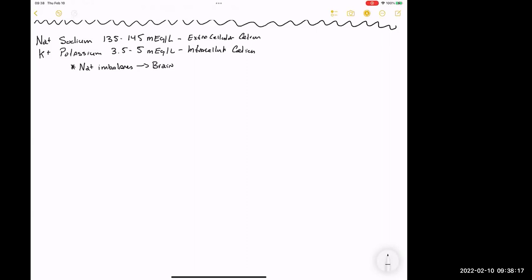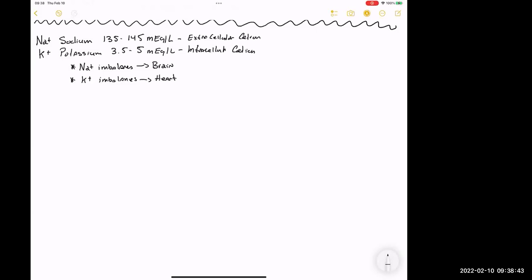And the rule of thumb is wherever sodium goes, water follows. All right. On the other hand, potassium imbalances tend to impact the heart. All right. So that's a general rule of thumb when it comes to sodium and potassium.